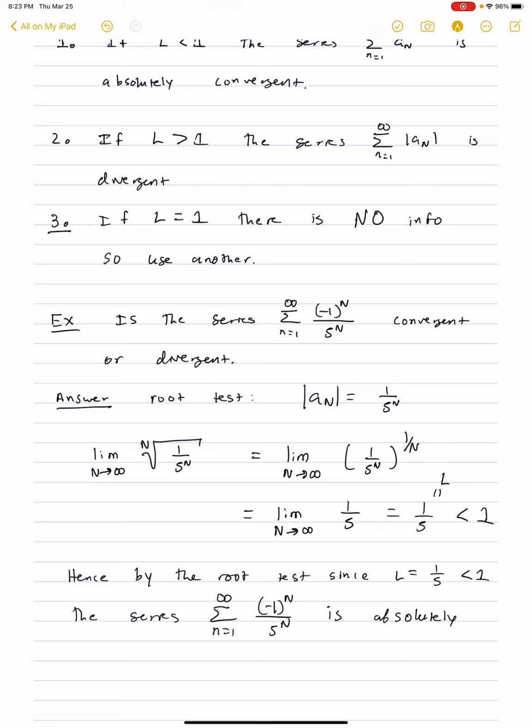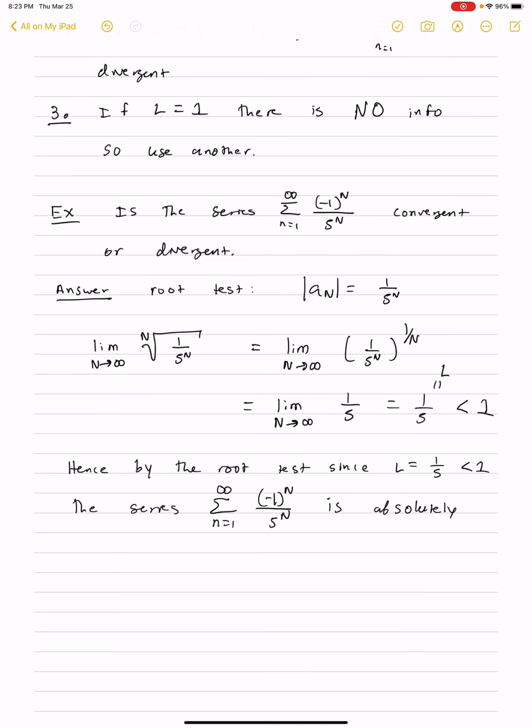And absolutely convergent means that if I ignore the negative sign, I take the absolute value of each term, that series converges.